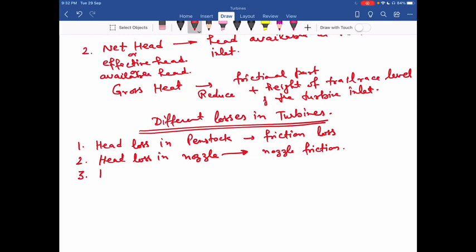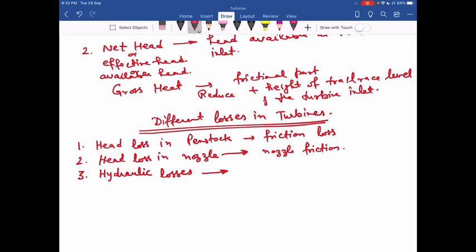Third loss is hydraulic losses. Okay, so these losses are different in different turbines.